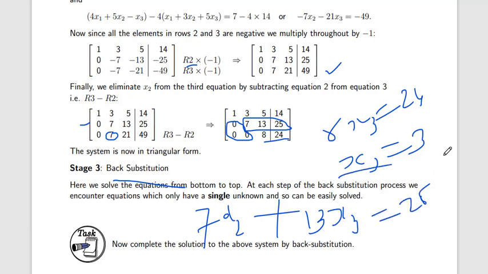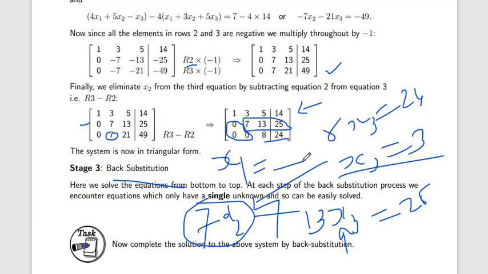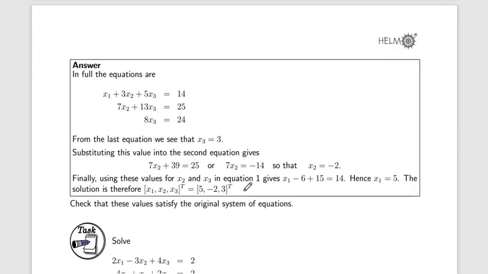We already have the value of x3. Put it in this equation and we get the answer for x2. Now we have two values, we put them in the first row, first equation, and we get x1. So now we have solved the linear equation: x1, x2 and x3.